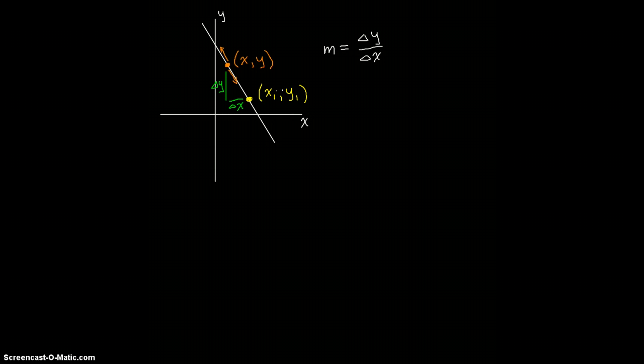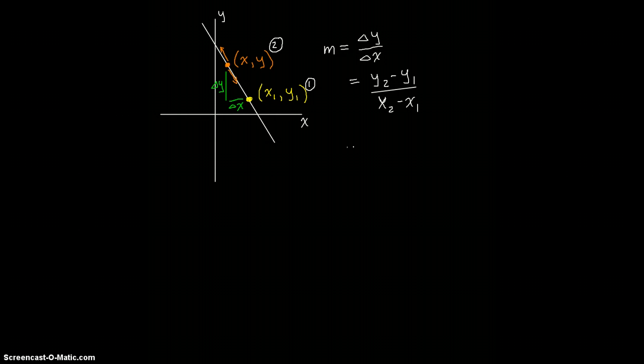Because these are subscript 1, let's call this point number 1, and let's call this point number 2, because we also know for slope it's y2 minus y1 all over x2 minus x1. Right? That's just the formula, where these subscripts have to do with the points.